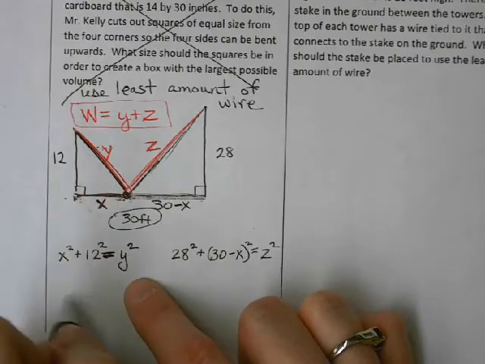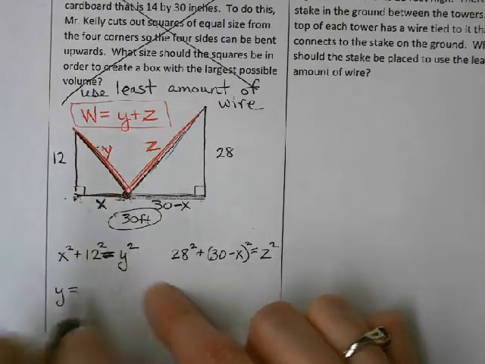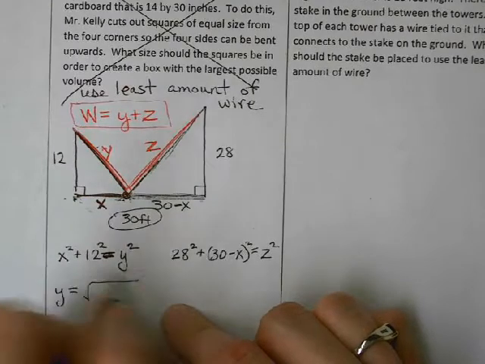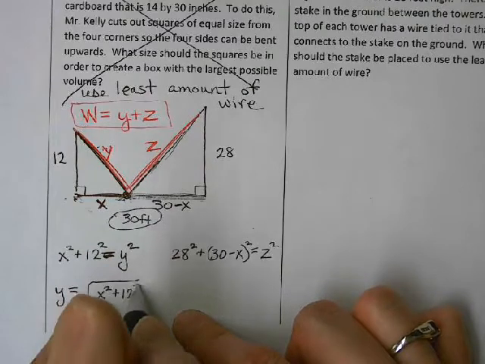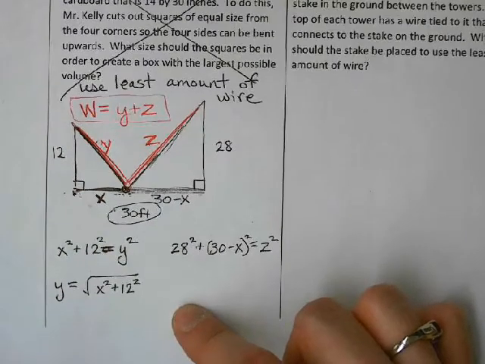If I took the square root of both sides, y equals the square root of x squared plus 12 squared. Does that make sense? To get rid of the y squared, take the square root.